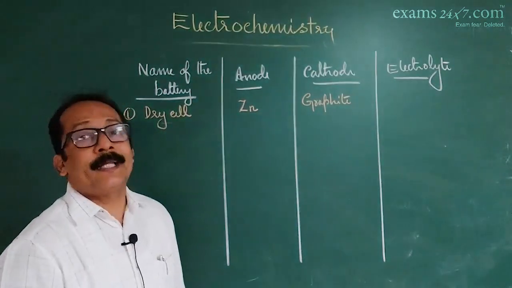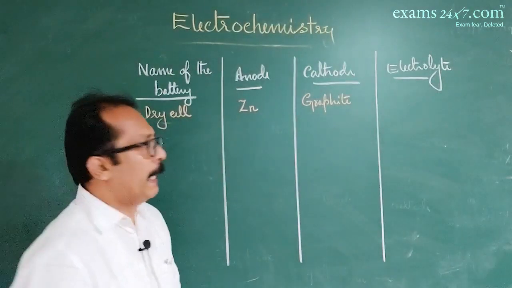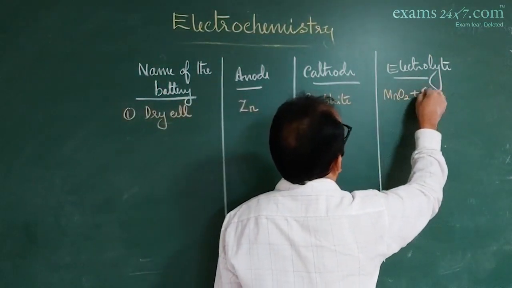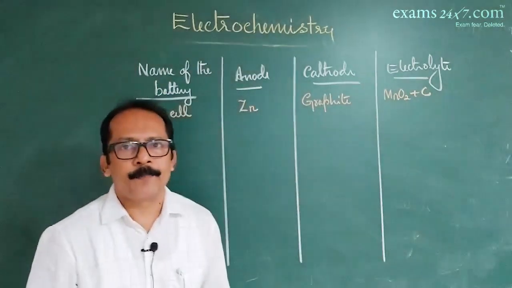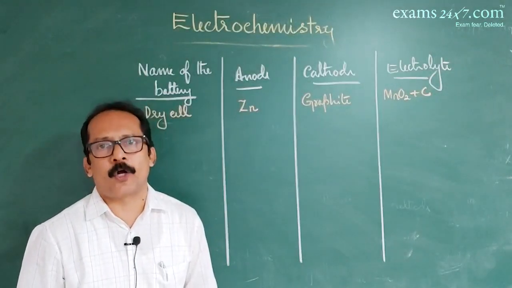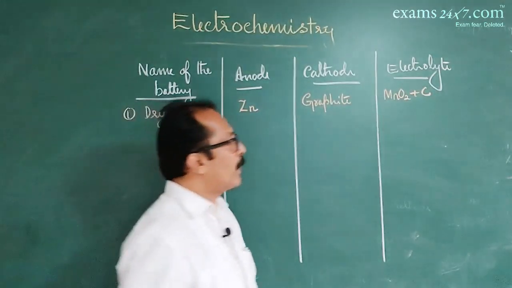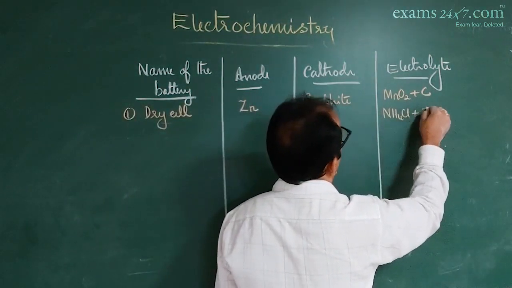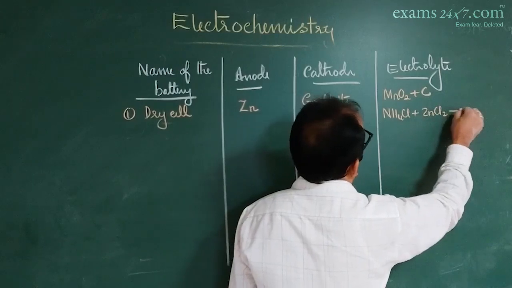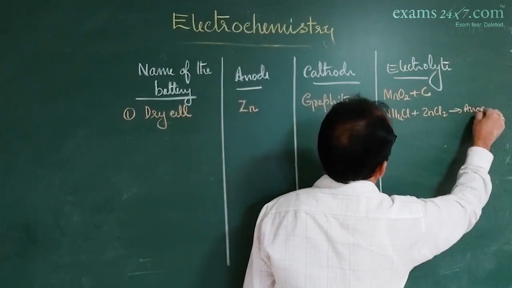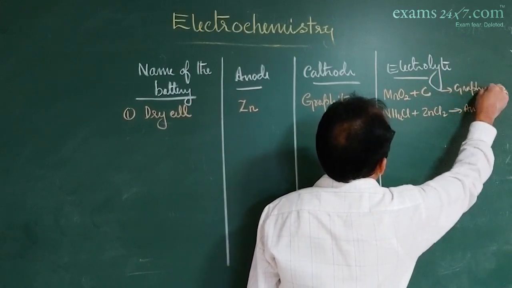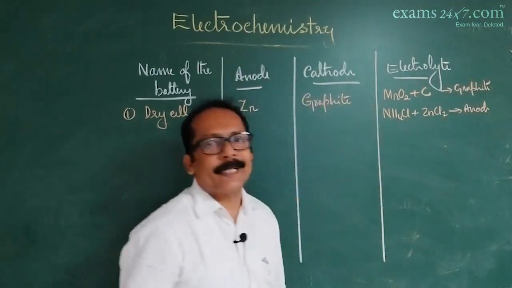About the electrolyte: manganese dioxide, MnO2, with charcoal touches the graphite rod. Similarly, ammonium chloride, NH4Cl, and zinc chloride touch the anode, the zinc container. So this acts as the electrolyte.